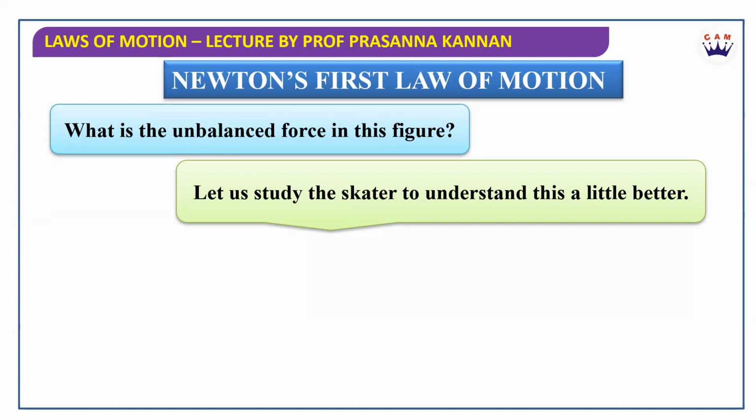Net force is 0. The body is said to be in equilibrium. It will not change its velocity. If it is at rest, it will continue to remain at rest. If it is in motion, it will continue to remain in uniform motion, when balanced forces are applied. Very simple.